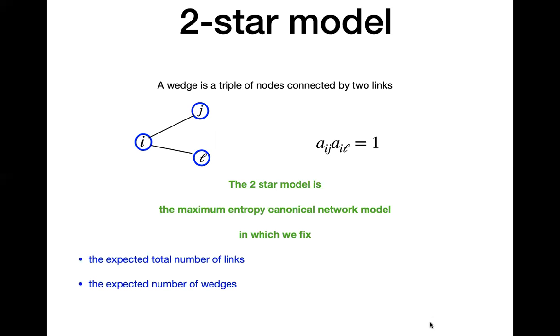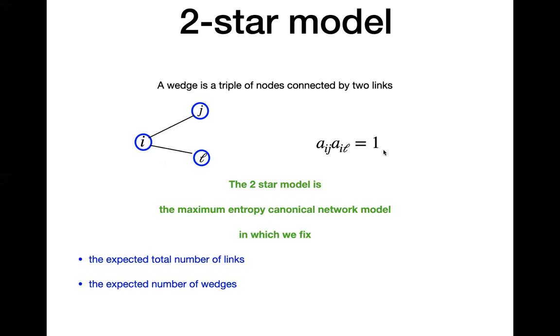So the first example of a nonlinear constraint is what is called the two-star model, in which you constrain the number of two-stars or wedges, which are these structures, a triple of nodes connected by two links. So you want A_ij to be equal to 1 together with A_il equal to 1.